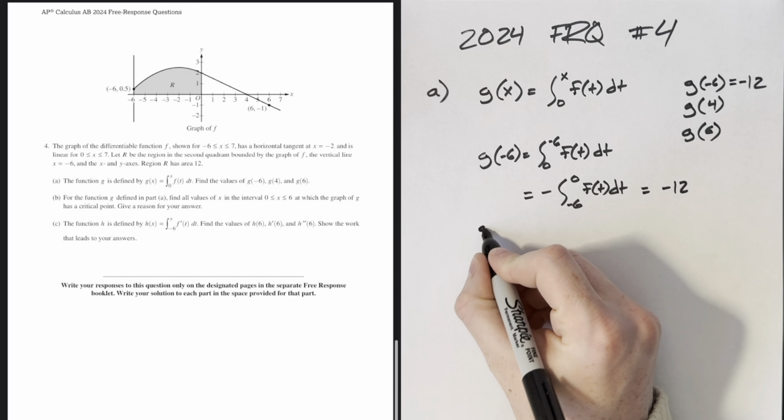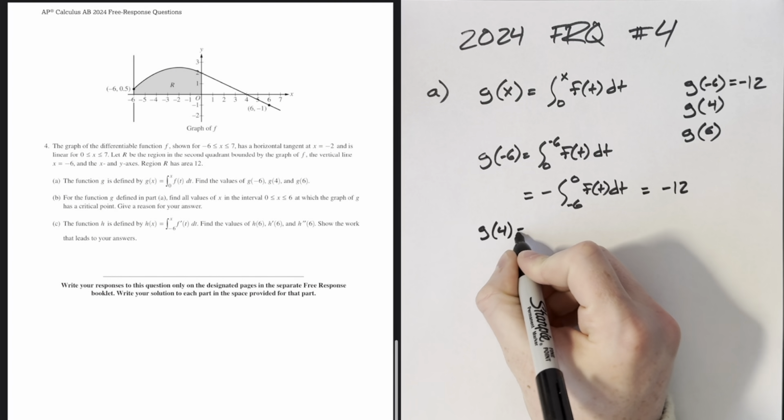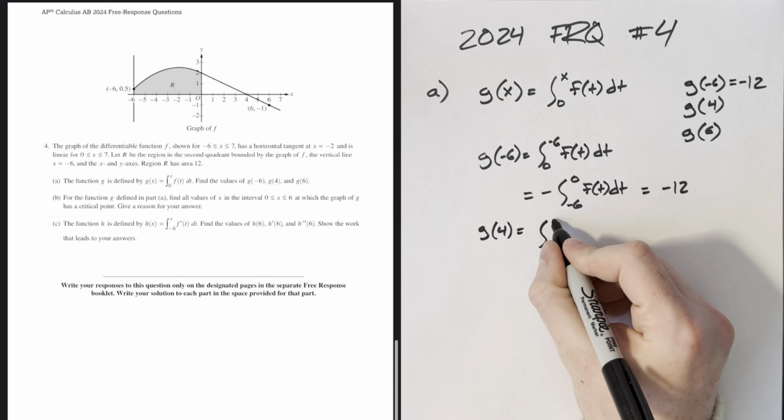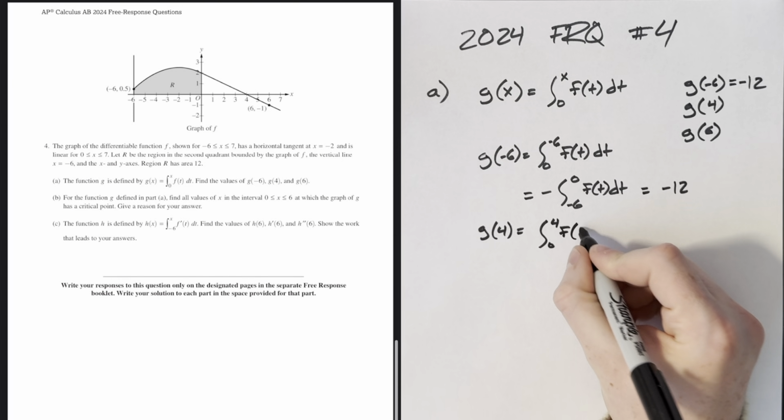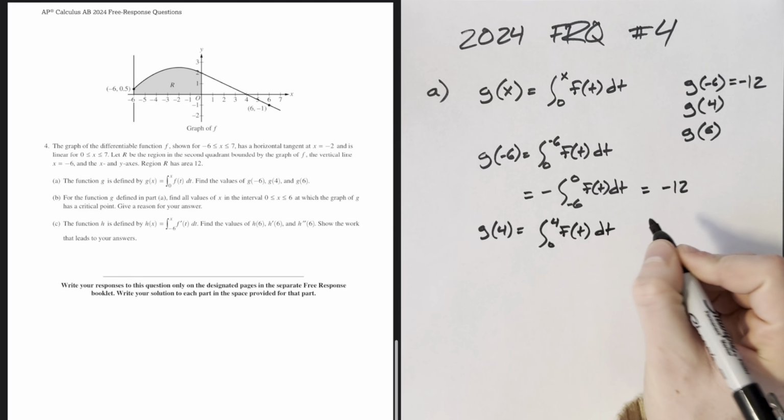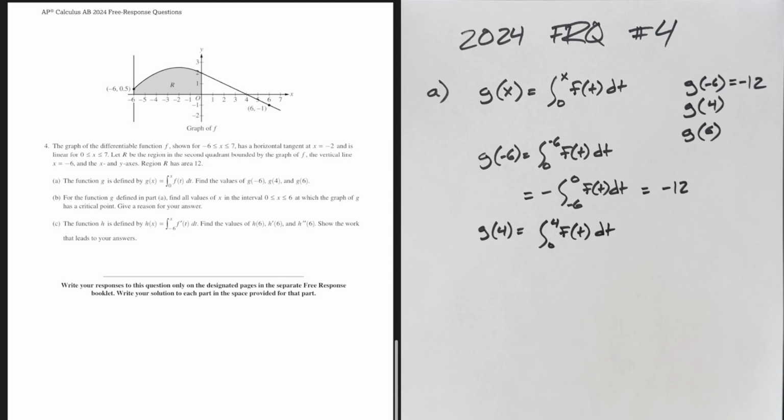The second one is g of 4, which is equal to the integral from 0 to 4 of f of t dt. Looking at this function, from 0 to 4 it is still above the x-axis. It creates that triangular shape, and we have a definite integral of a function above the x-axis, so it's just the positive value of the area under that curve.